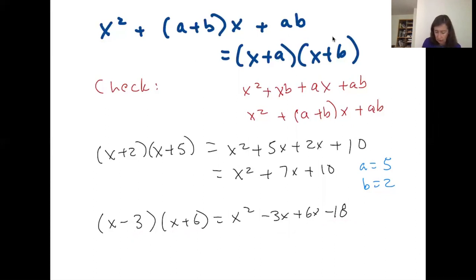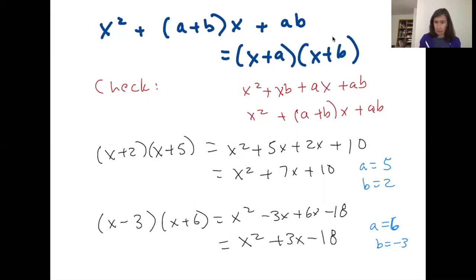Okay, that's fine. Combining terms here, that gives me x² + 3x − 18. Okay, so again, it's going to fit my format here with a equals 6 and b equals negative 3.